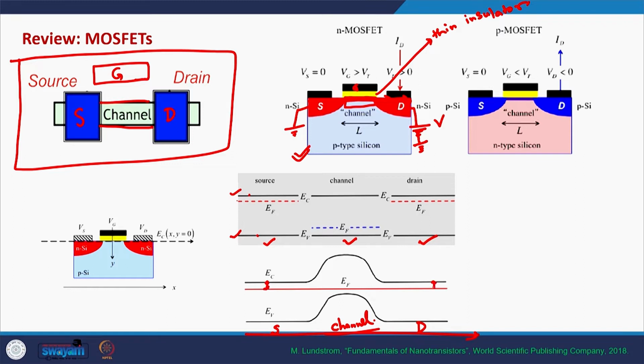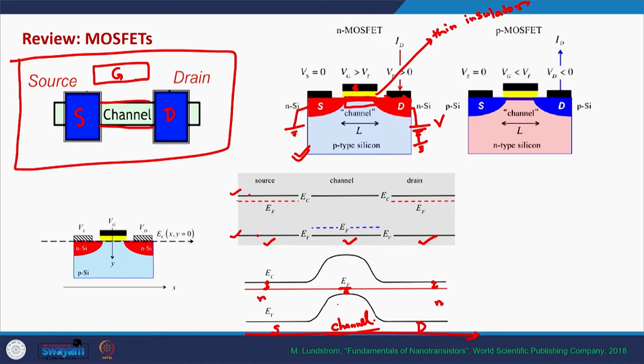Similarly, on the drain side, it is also close to the conduction band because these two are n-type materials. The semiconductor in between, the channel region, is fundamentally a p-type material, so it will have the Fermi level close to the valence band maxima.